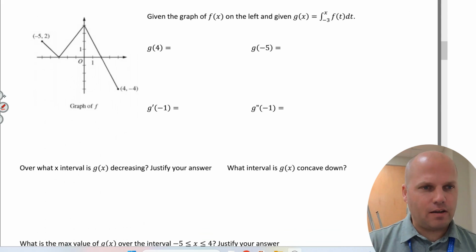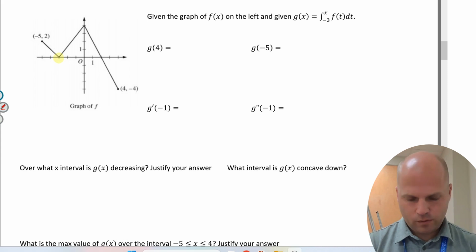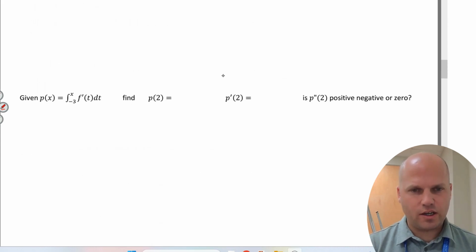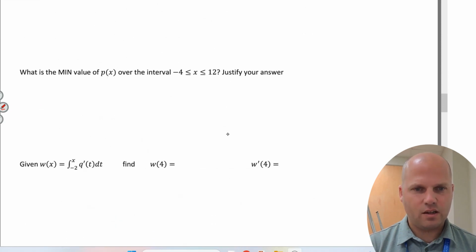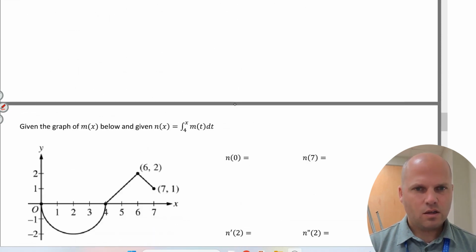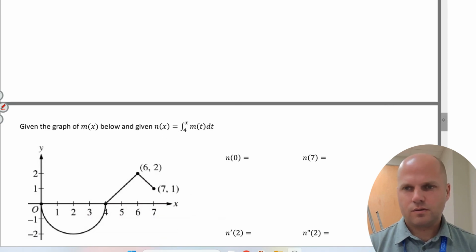All right, let's figure out that we're starting at negative 3. I don't know why I started you guys at those values. Did I start at negative? I shouldn't have started at these zeros.